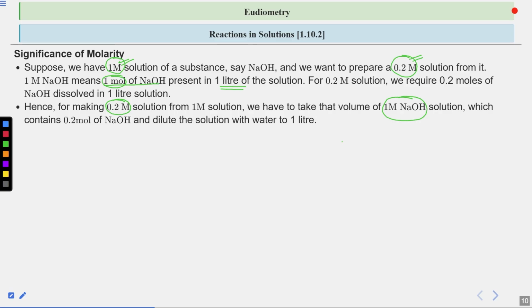Then in 0.2 liter, we will have 0.2 moles of NaOH. So if I want to take 0.2 mole, you have to take 0.2 liter of the same solution. Got it, Nisarg? Any doubt?